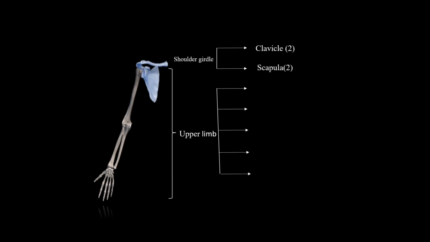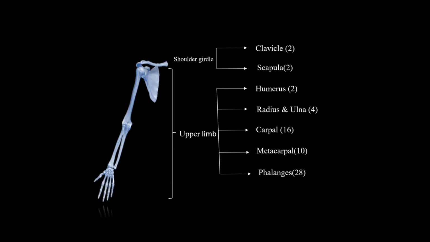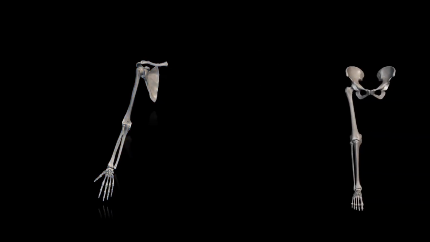A single humerus is present in each upper arm, and 1 radius and 1 ulna bone are present in each lower arm or forearm. 8 carpals are present in each wrist, and 5 metacarpals are present in each hand. A total of 14 phalanges are present in the fingers of one hand. There are a total of 64 bones of the upper extremity.